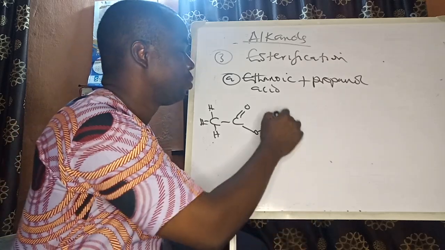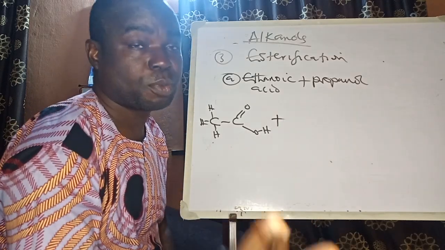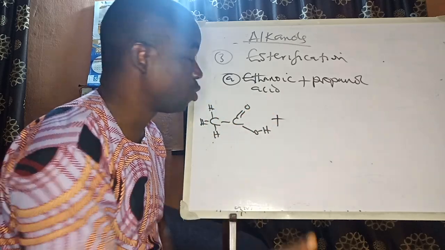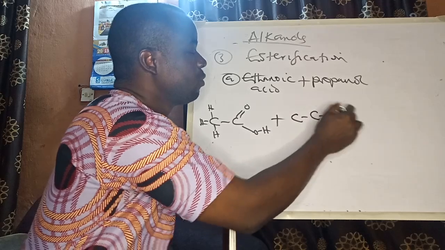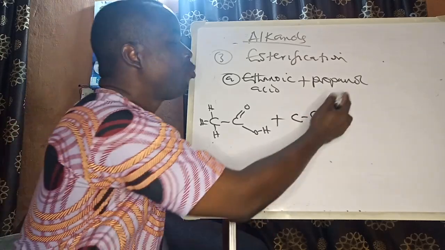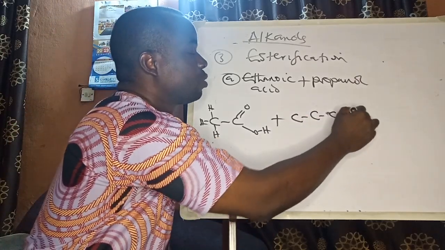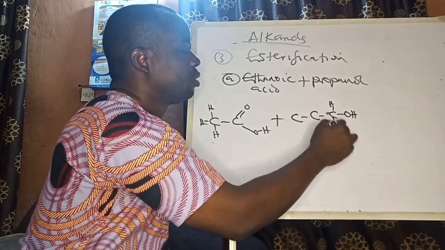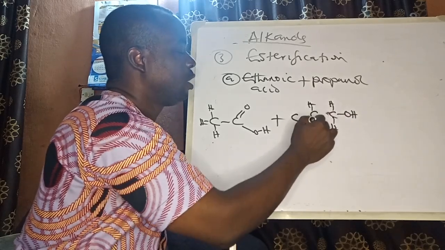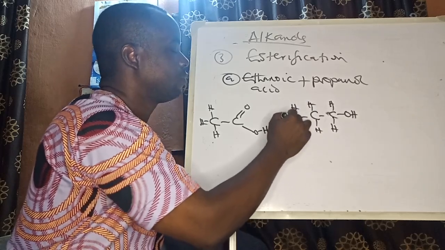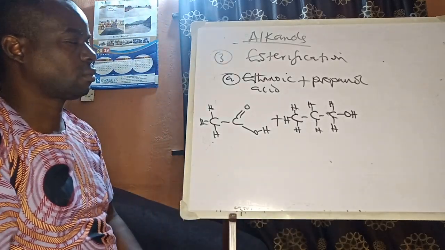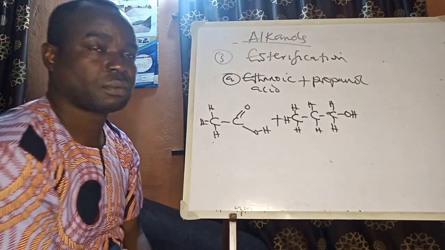Now, propanol. What is prop? 3. So we have 1, 2, 3. I will put the ol here. The ol is OH. So I have here H, H, H, H, H, H, and H. This is propanol.